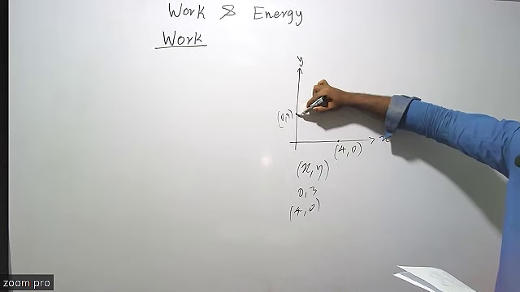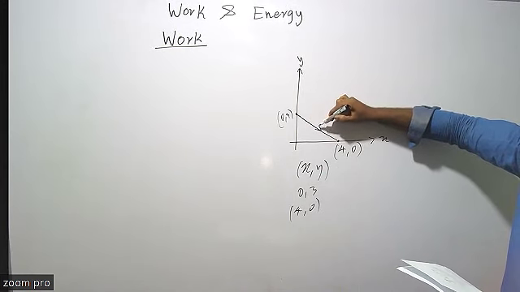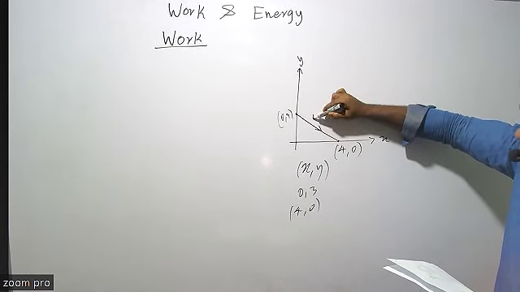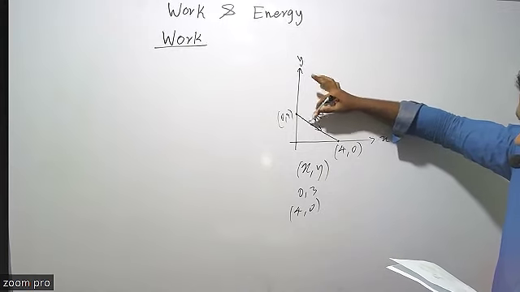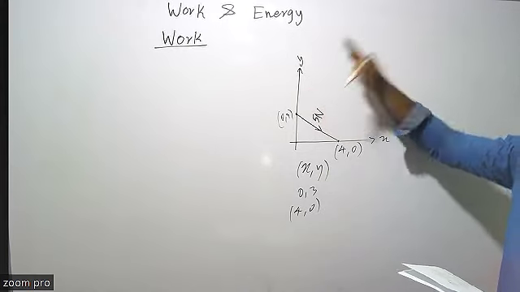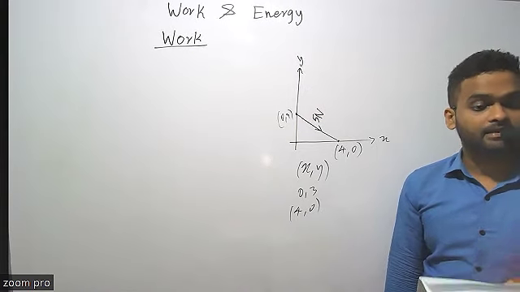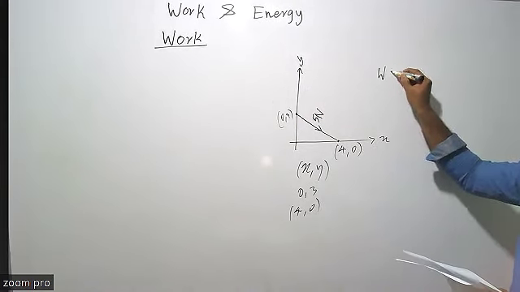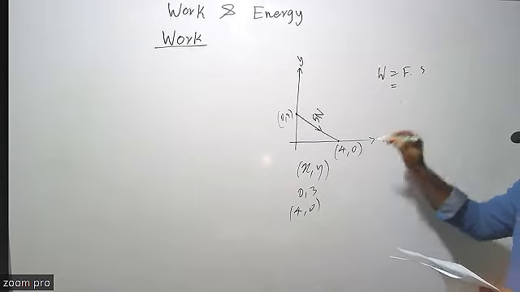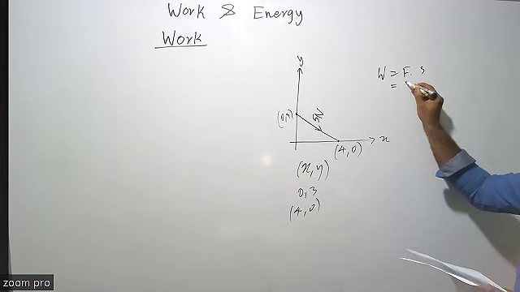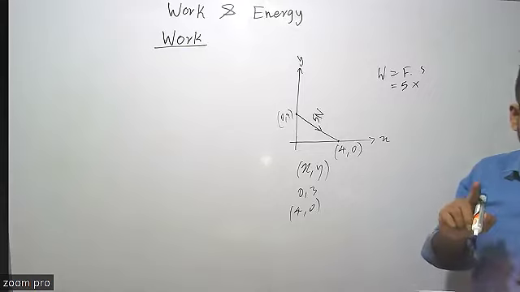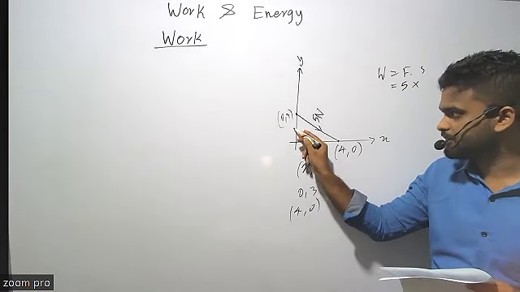So what do they say? You are moving an object in this direction, and the force applied is 5 Newton. By applying a force of 5 Newton, you are moving the object from here to here. What they ask is the work. So what is the work? The force is 5 Newton in the direction of the displacement, right? So what is the displacement here?